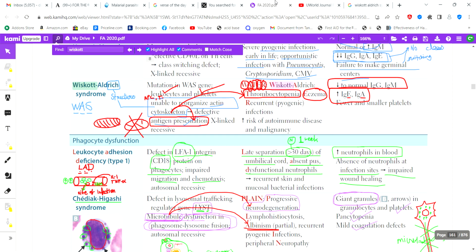Also, changes in shape lead to binding of arrestin.